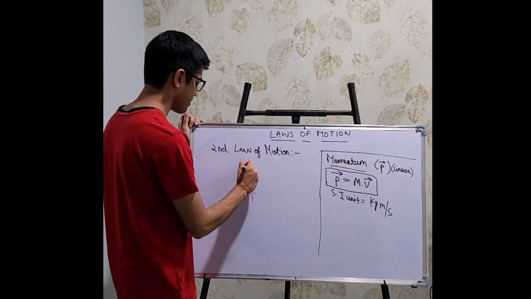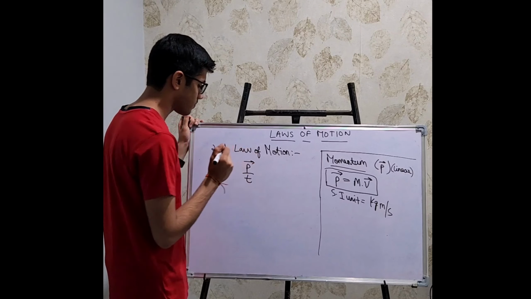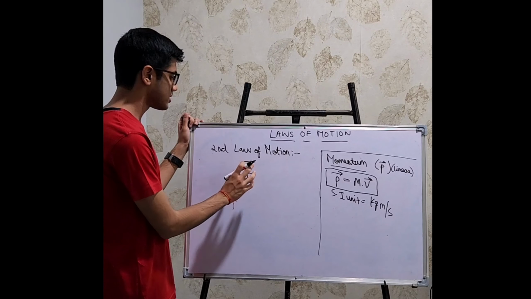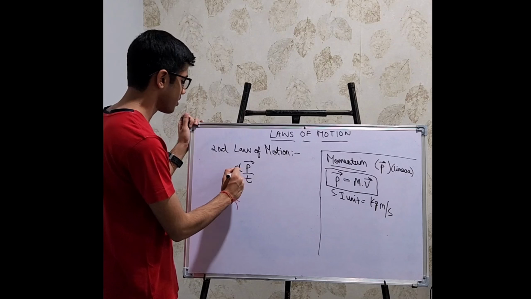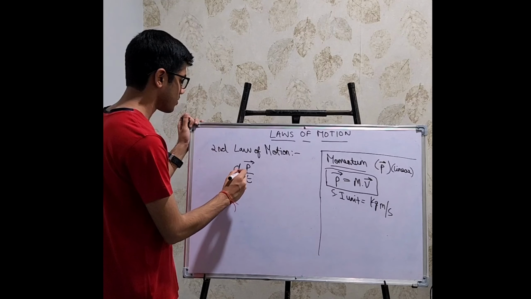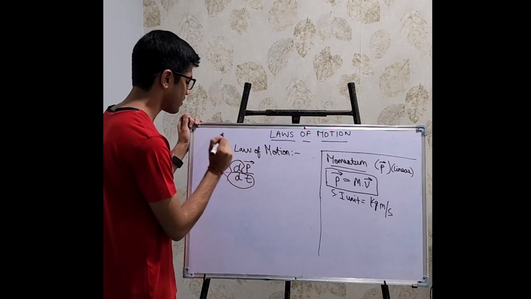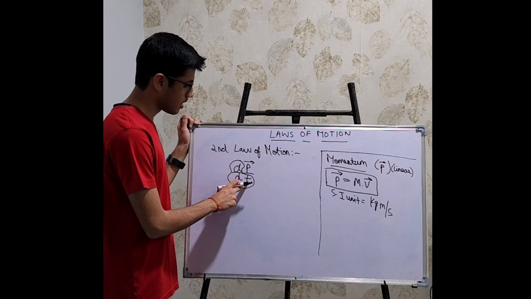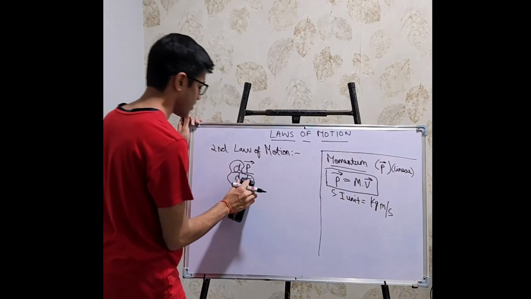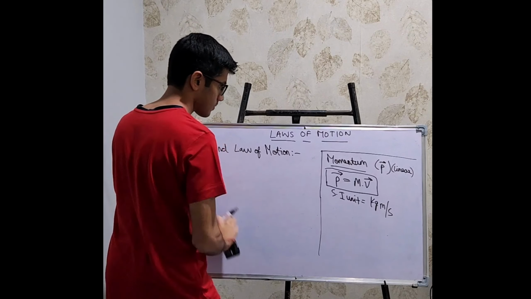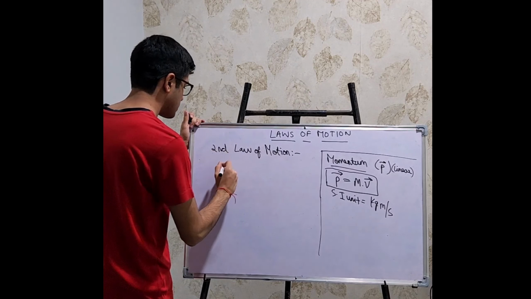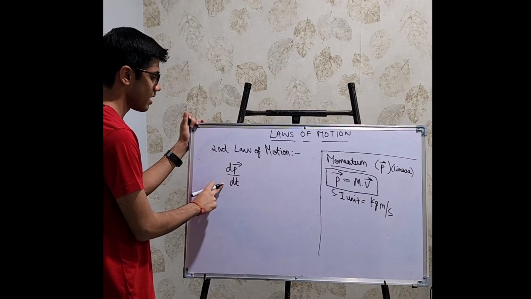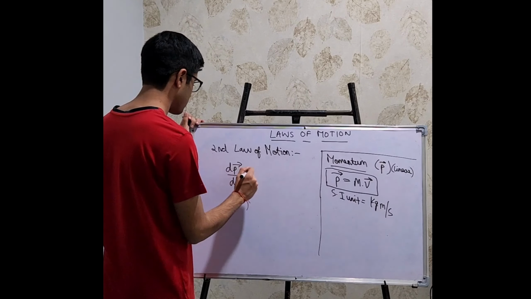So that means dP by dt. This is the rate of change of linear momentum. We put a differential operator here, that is d by dt, and this means that it happens in a very small time. So dP by dt, the rate of change of linear momentum, is directly proportional to the force applied.